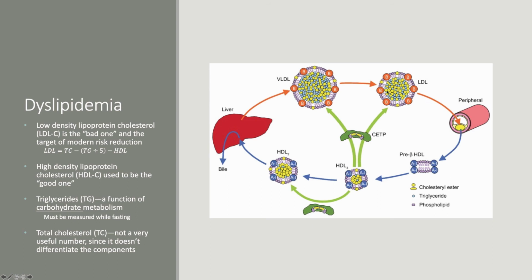LDL is bad enough, low density lipoprotein. But VLDL is even worse. And then there's these other things like chylomicrons and things like that we're not going to worry about. But we do get concerned about triglycerides. Triglycerides are a function of carbohydrate metabolism, and we don't like triglycerides either.